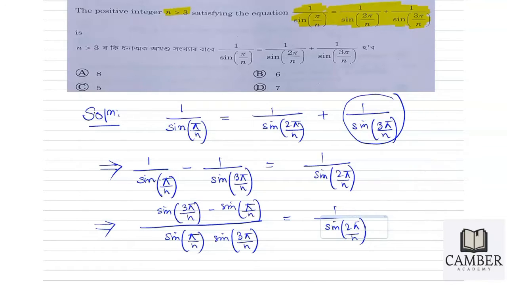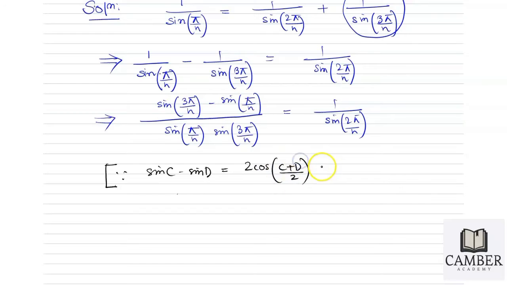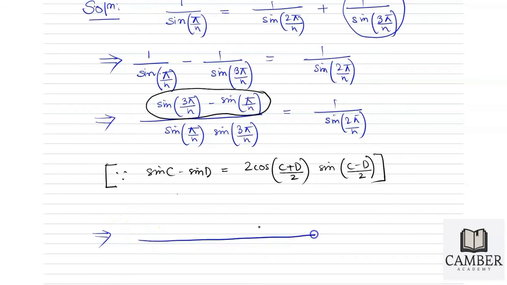Now we know the formula of sine c minus sine d, so we can apply this formula here in the numerator. Sine c minus sine d is equal to 2 cos of (c plus d) by 2 into sine of (c minus d) by 2.